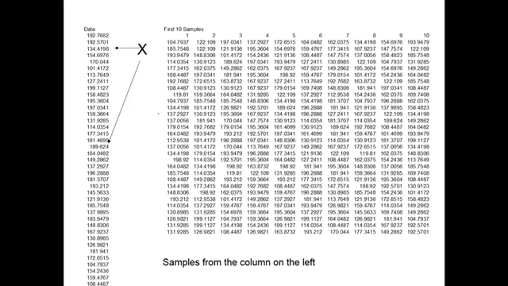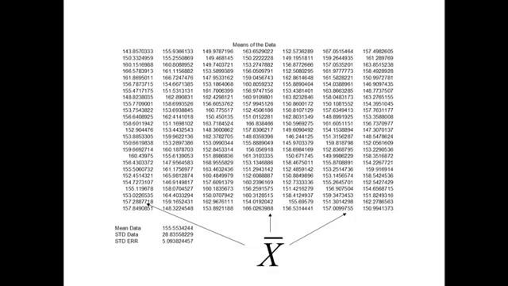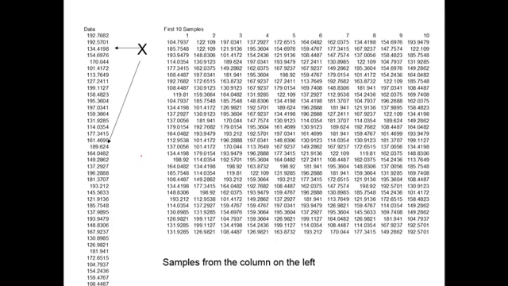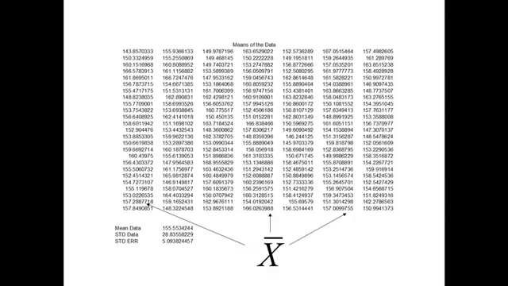Going back to my original data, these values are x. Here, these are the samples that I'm taking from x, and each of these particular values here is a value from x bar.